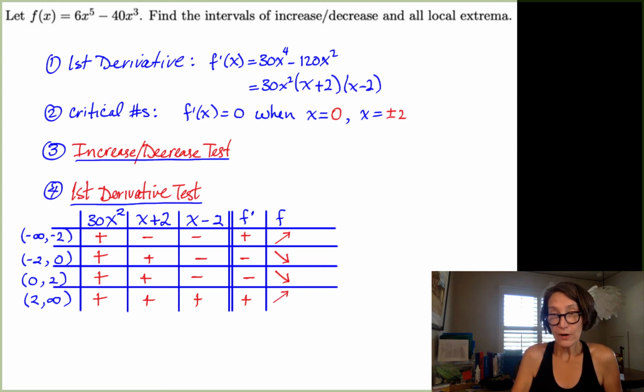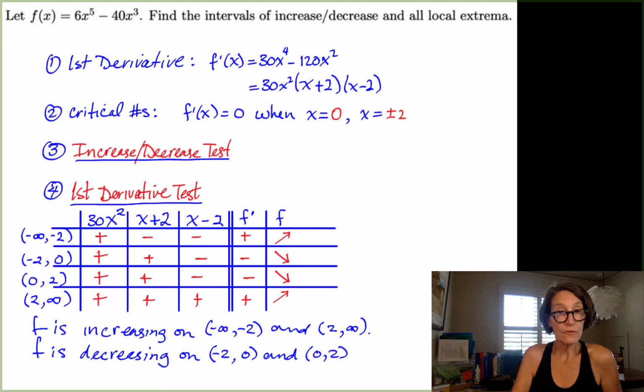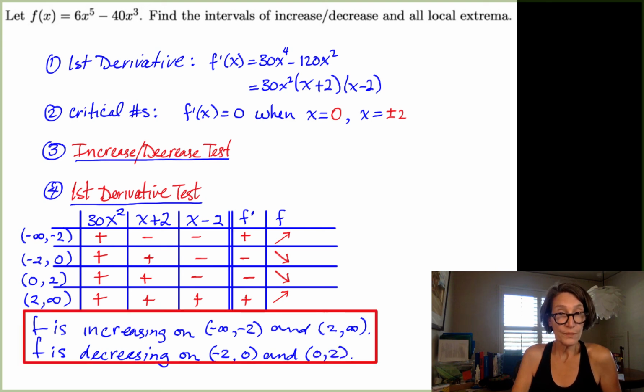So now we've got our intervals of increase and decrease. So f is increasing on two intervals. It's increasing on negative infinity to negative 2, and then again from positive 2 to positive infinity. F is decreasing on two intervals. It's decreasing on negative 2 to 0, and then again from 0 to positive 2.